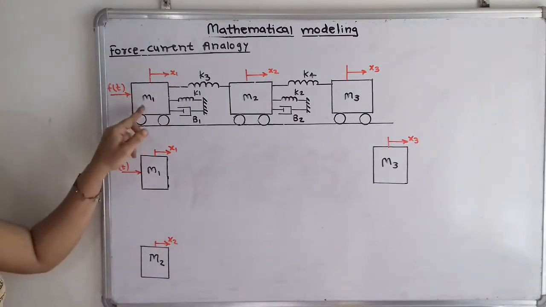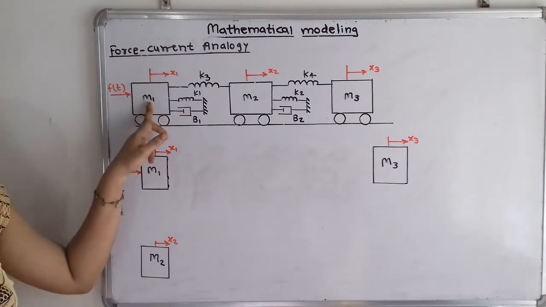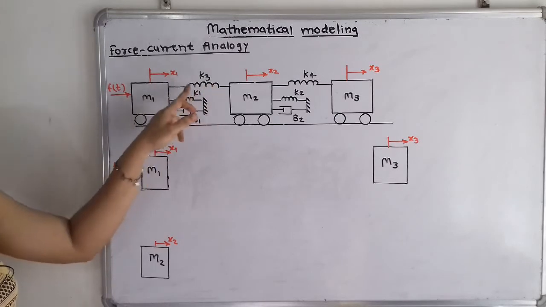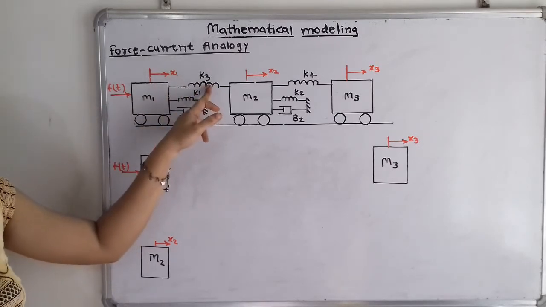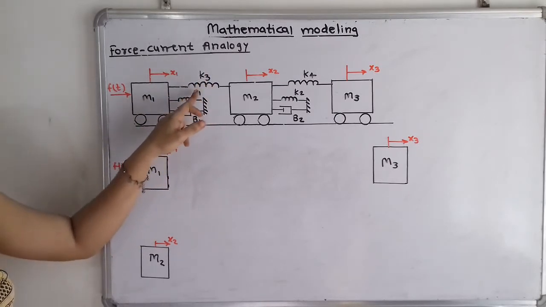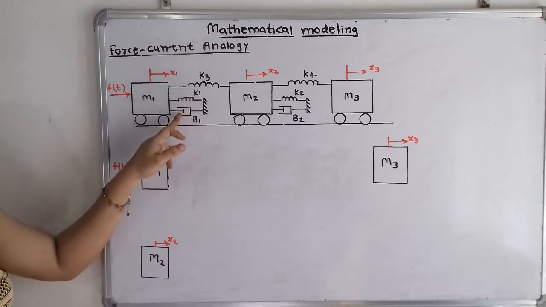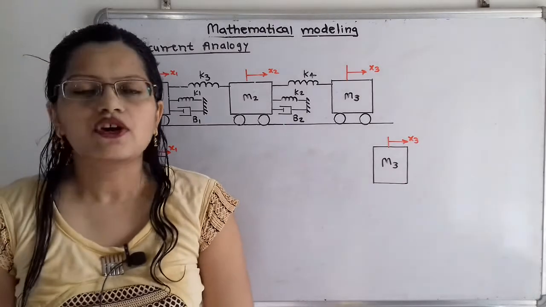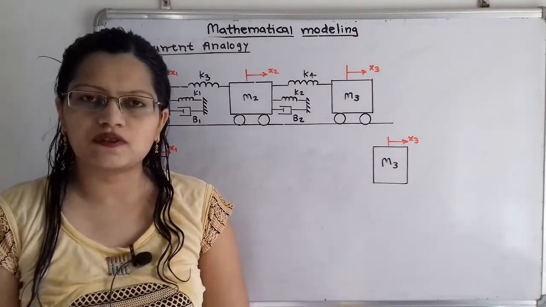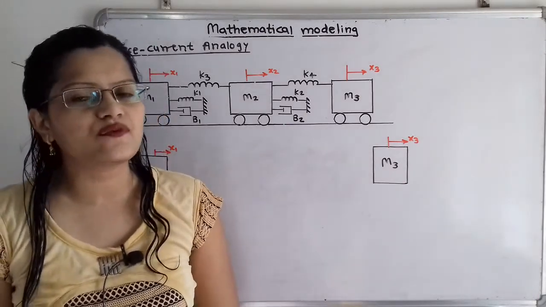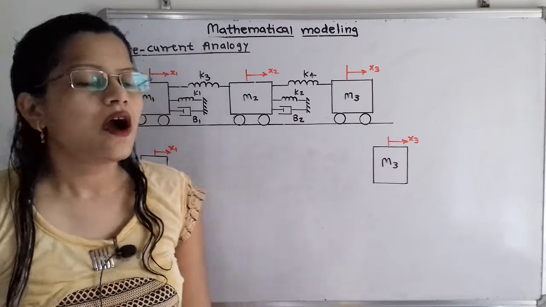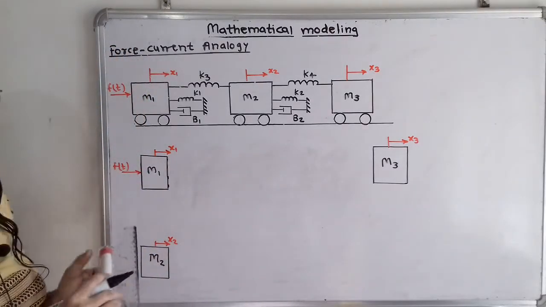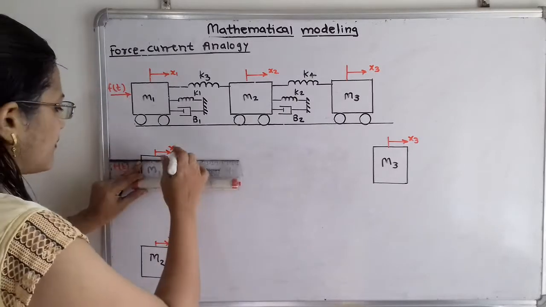The inertia force due to mass m1, the spring force due to the spring with stiffness k3, the spring force due to stiffness k1, and the damper force with viscous friction coefficient v1. We have to show all these forces, but these are reaction forces, so we have to show them in the opposite direction of the applied force F of t. So I will show here.